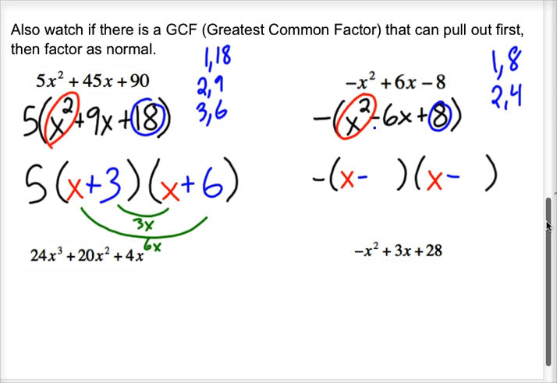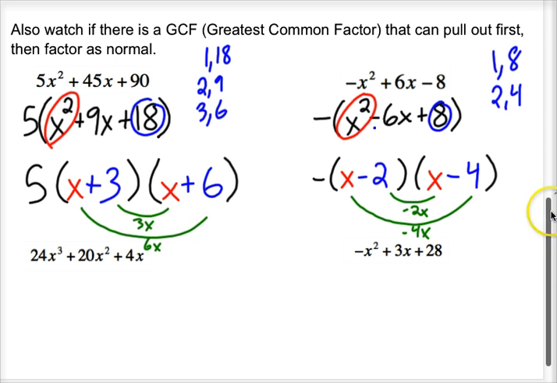And finally, the pair that I'm going to choose to combine to be that 6 is the 2 and the 4. And again, I'm going to check just to make sure I've done this right. That combination gives me negative 2x. That combination gives me a negative 4x. That does indeed give me the negative 6x I was looking for. So that is the proper factored form.